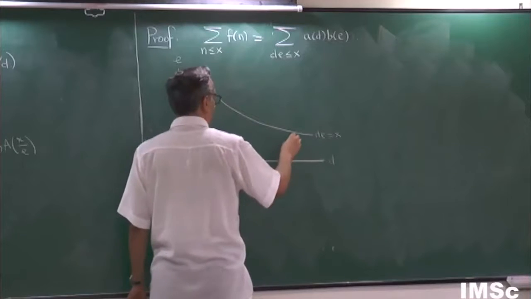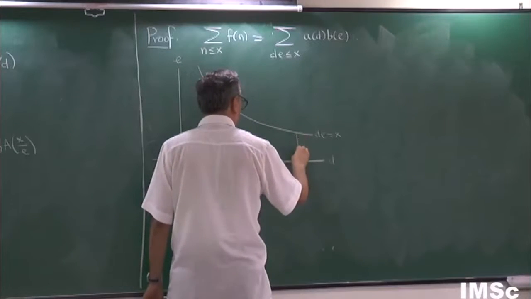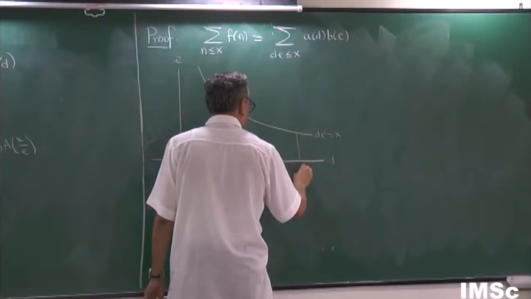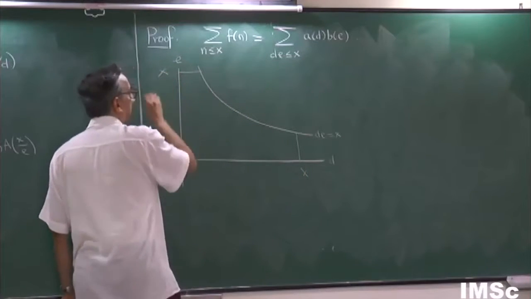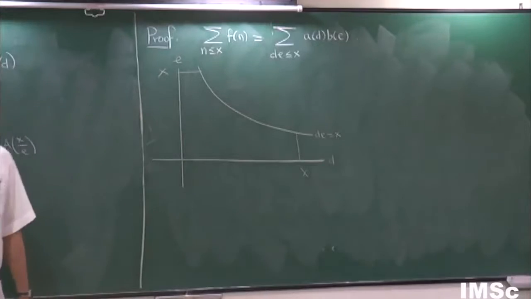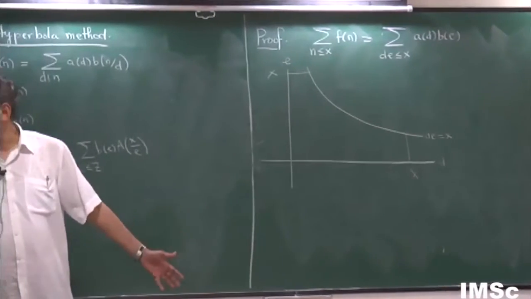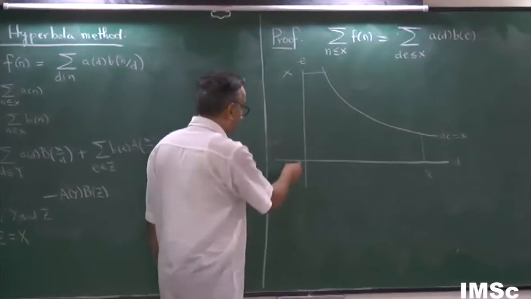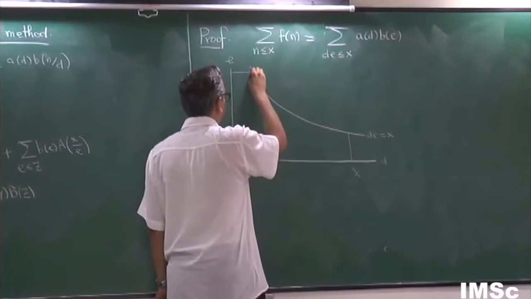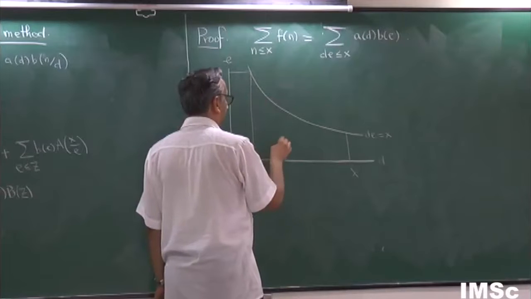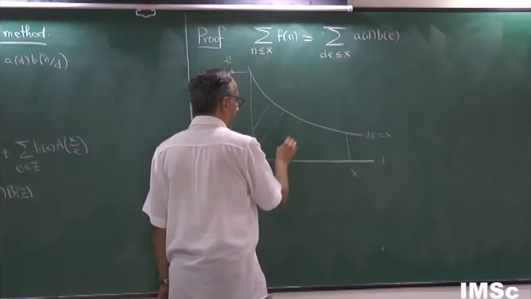Maybe x is up here, so this is an x here, and then e can go up to x also. So I'm basically looking at all lattice points. Of course, we don't include 0 because 0 is not a good choice, but all lattice points underneath this hyperbola.